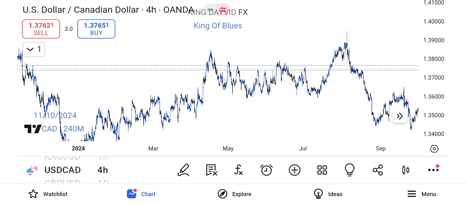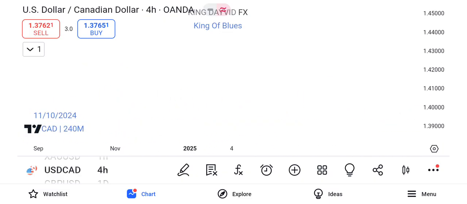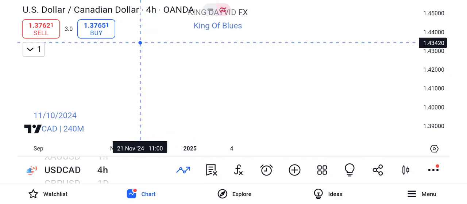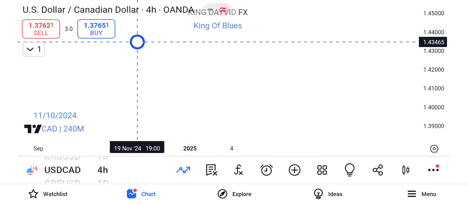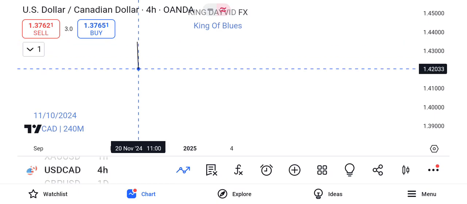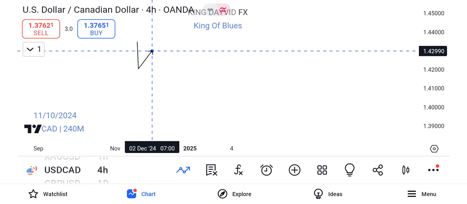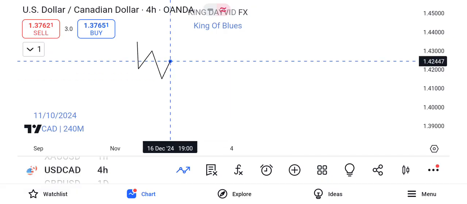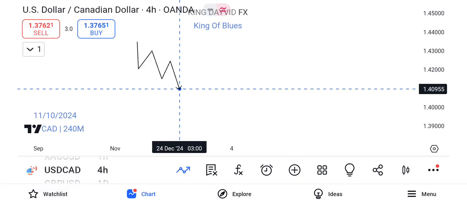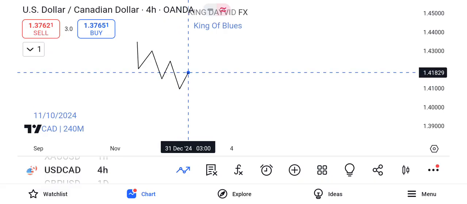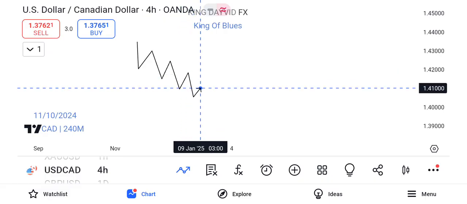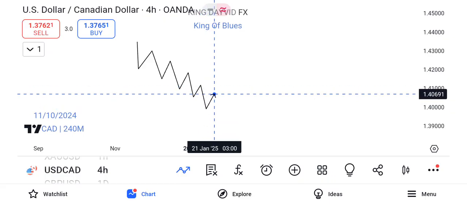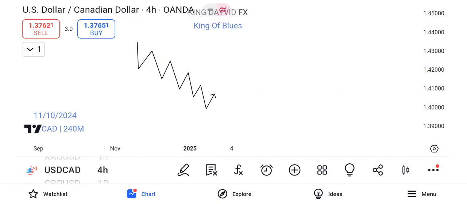So before we go into the charts, let me just give you a brief analogy here. We have the downtrend. The downtrend consists of a swing low, a high, another low, another high, a lower low, a lower high, lower low, lower high, lower low, like that.